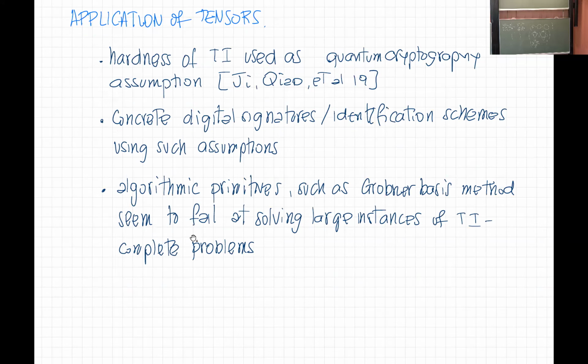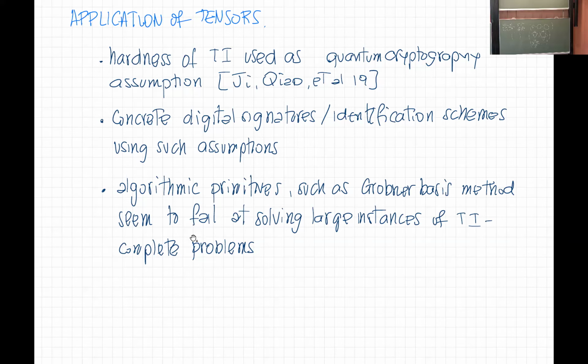So why are we considering tensors? Well, first of all, what is the importance of tensors? Tensors appear in the hardness conditions for post-quantum cryptography assumptions, which are quite recent.